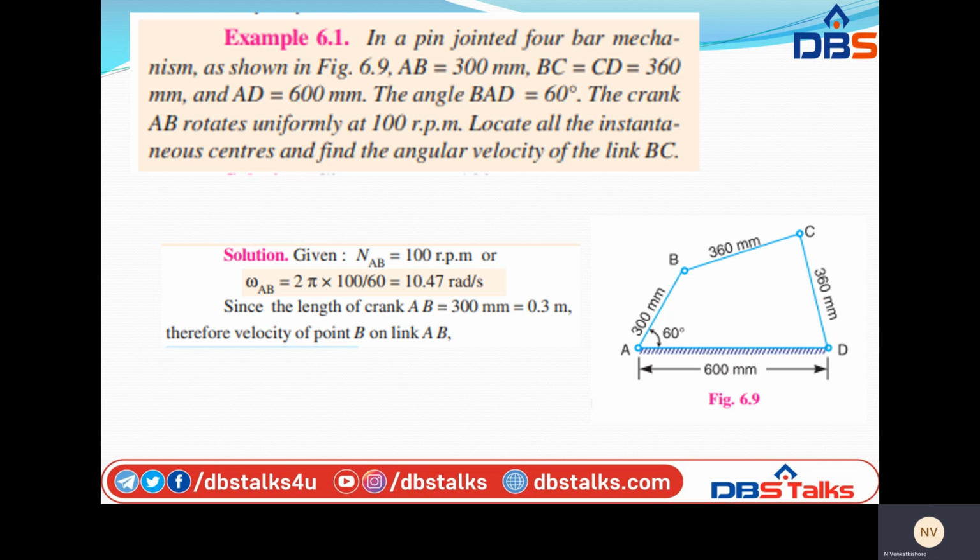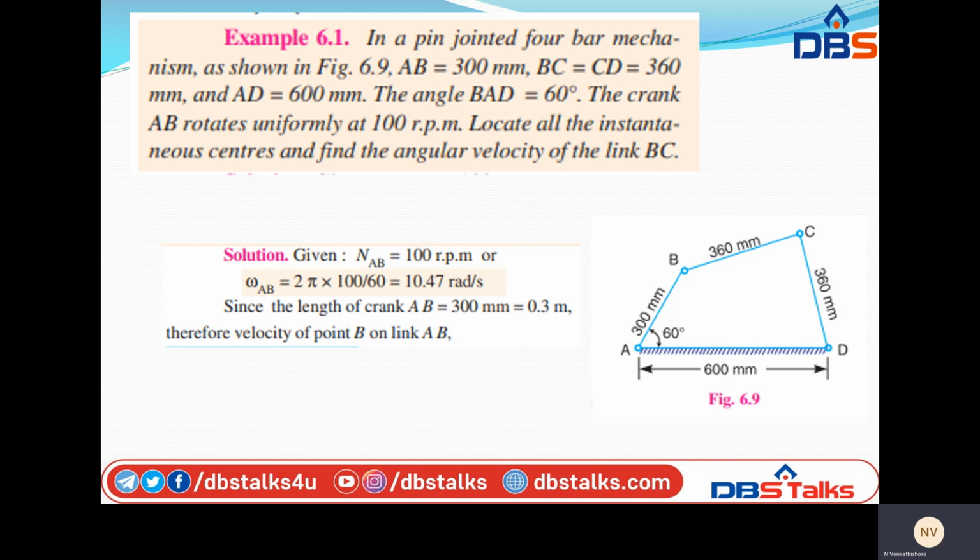The angular velocity for AB is 2 pi N by 60, so 2 pi into 100 by 60, which is 10.47 radians per second. But actually what they need is the angular velocity of the link BC, not AB. But the speed was given, so try to convert it to angular velocity.